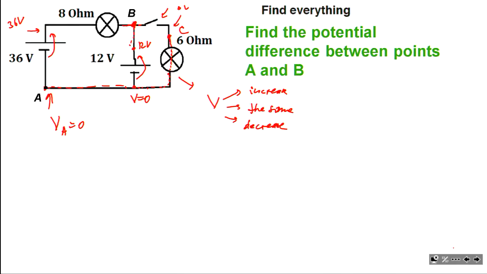So, anybody, please tell me. Does bulb number 2 change the potential? That's a yes or no question. And if it does change, how? So what do you think? Does the bulb number 2 change the potential? Moving doesn't help.